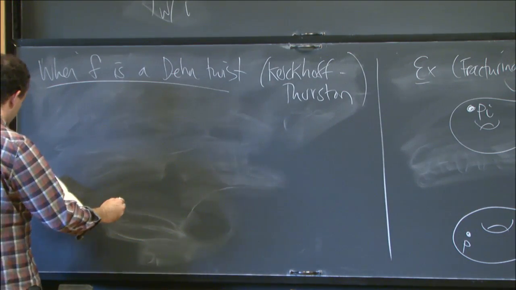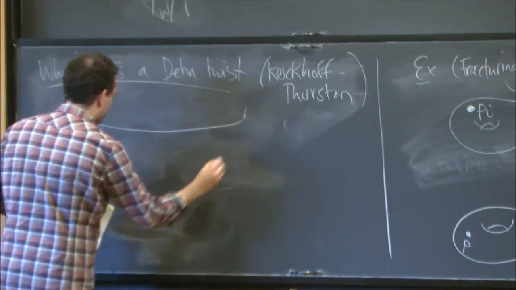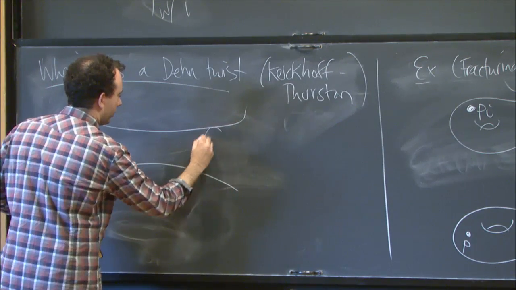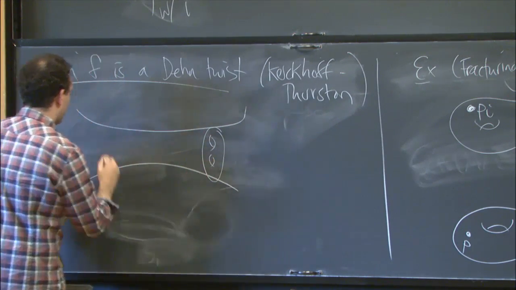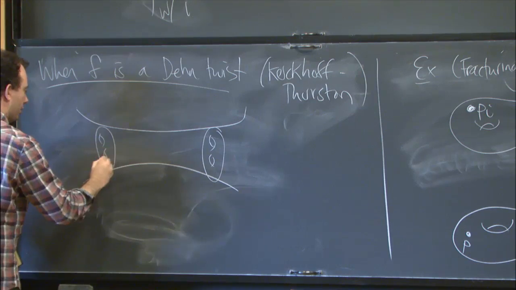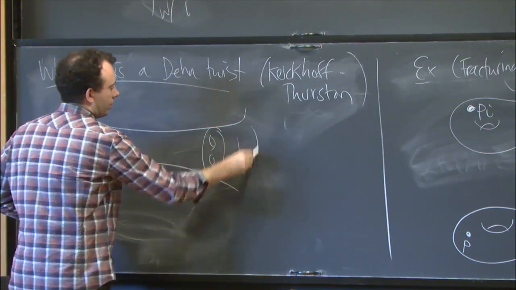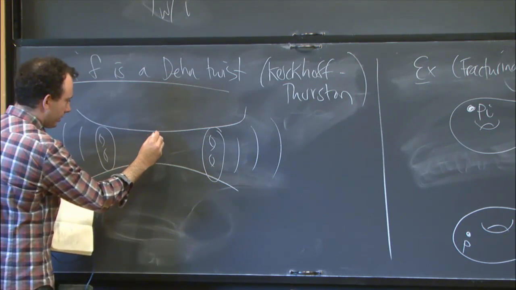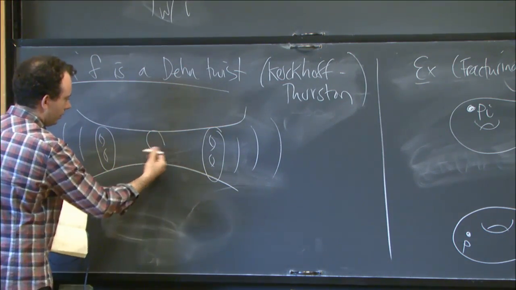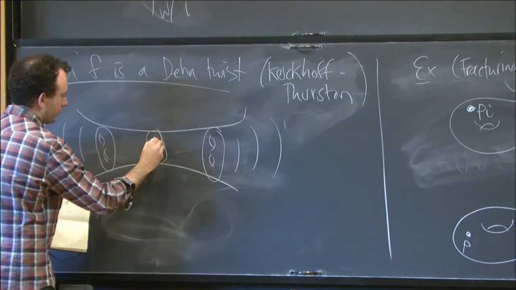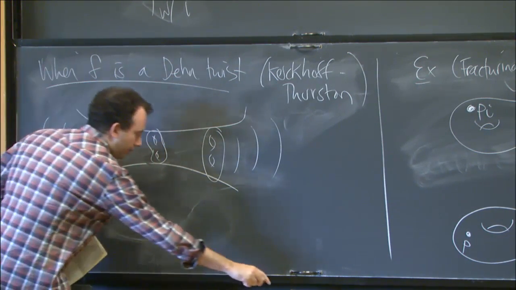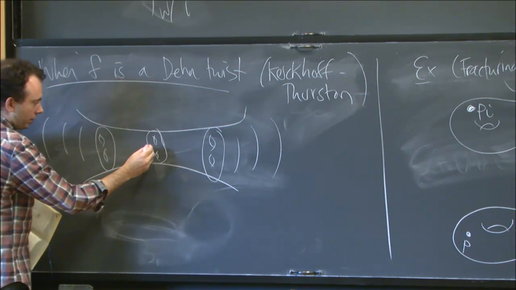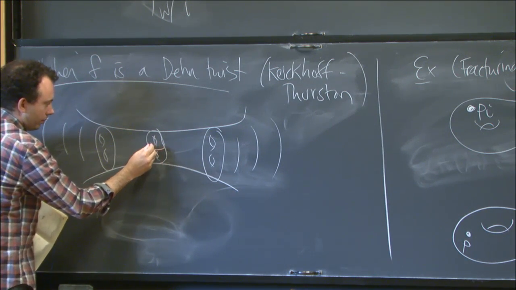Here's my manifold. Let's say that we're twisting. I'm going to draw a level surface in the middle of the manifold, but let's say that we're twisting around this curve.